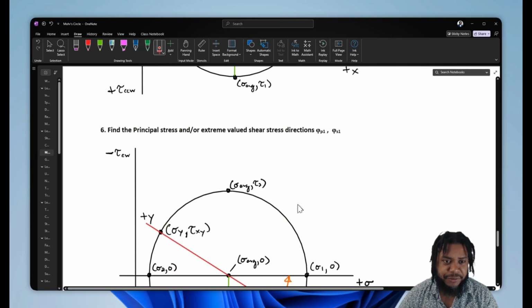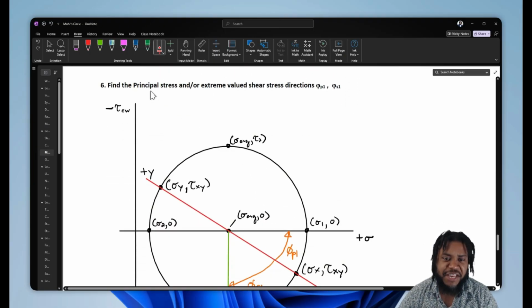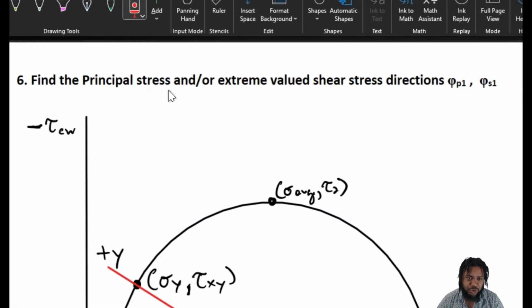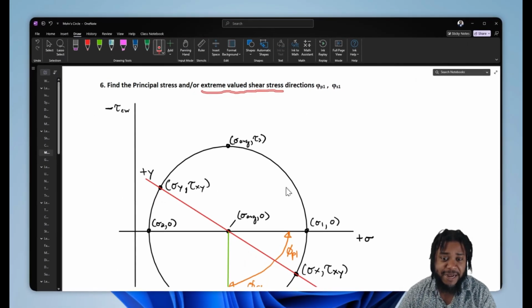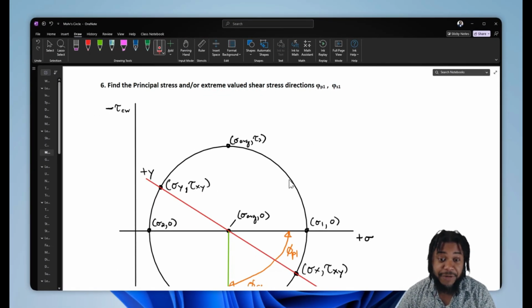Now finally, we may want to find the angles from our original state of stress to where the principal stresses exist, or where the extreme valued shear stresses exist. How do we find them?